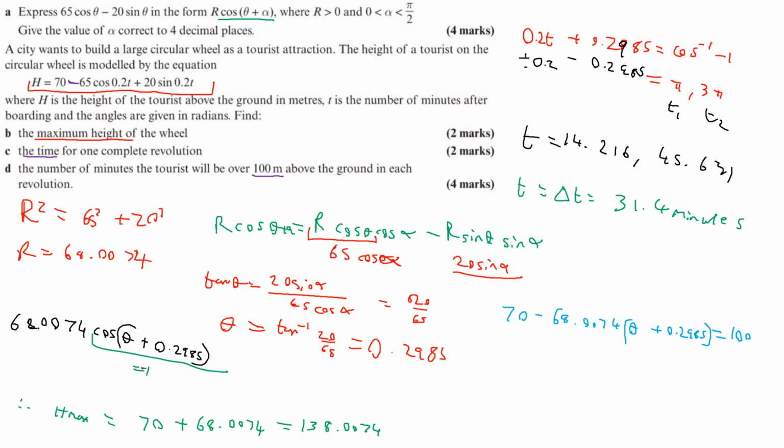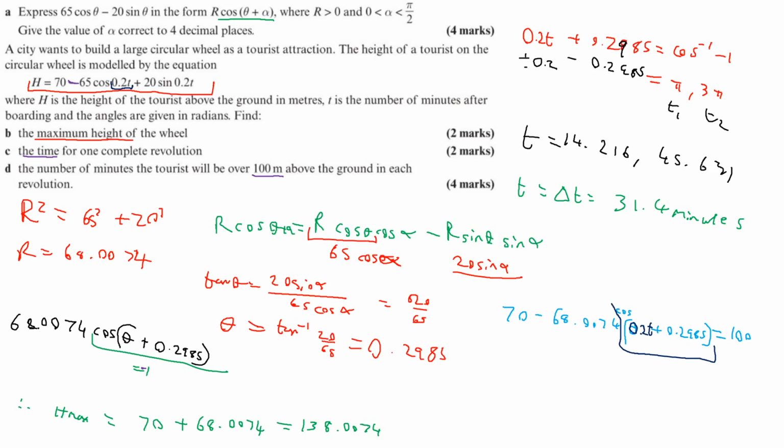So all we need to do, sorry, this is cos theta, right? So all we need to do is simply work out what cos theta is. And by theta, I mean 0.2t. I just have a bad habit of writing theta all the time. But keep in mind, it's 0.2t. Need to take a look at that.